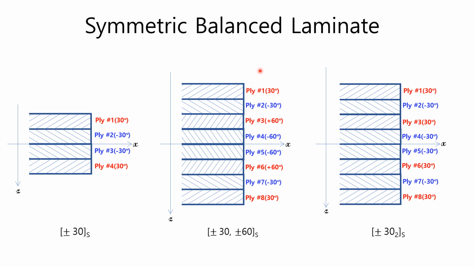Symmetric balanced laminate is a symmetric laminate composed of balanced pairs like plus theta 1 minus theta 1, plus theta 2 minus theta 2 symmetry. Therefore, corresponding laminate codes always include plus minus for being balanced and the subscript S for symmetry.